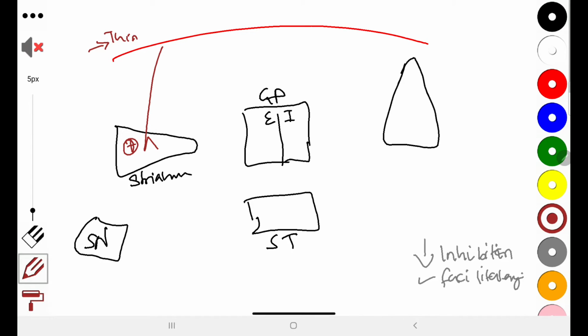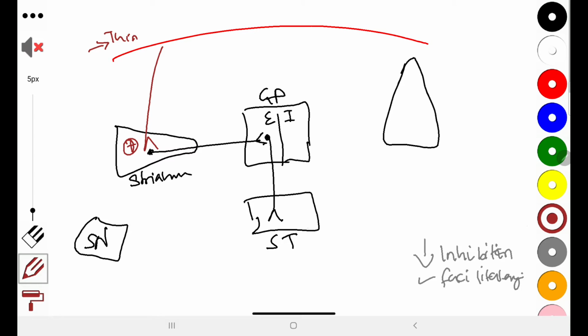Once there is stimulation, you will stimulate the striatopallidal to give us more GABA, and once more GABA is given, you are then going to inhibit the pallidosubthalamus.